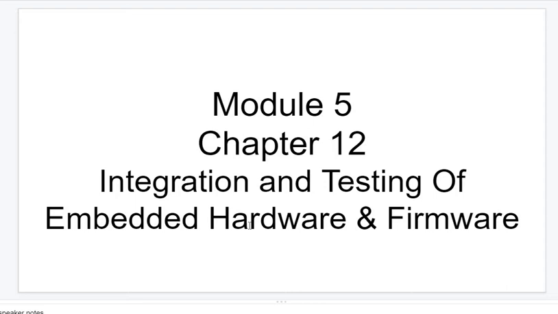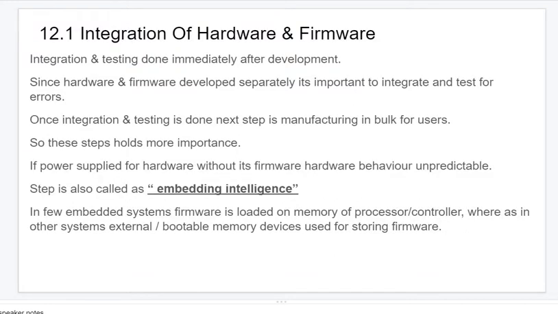So in this chapter we will discuss how the hardware and firmware, which are related to an embedded system, are integrated and tested. If I take the example of robots, like automatic robots, maybe Tesla's auto-drive truck, what happens here?